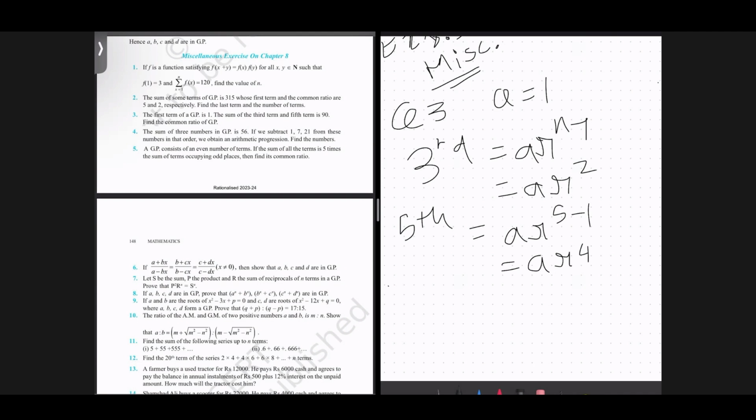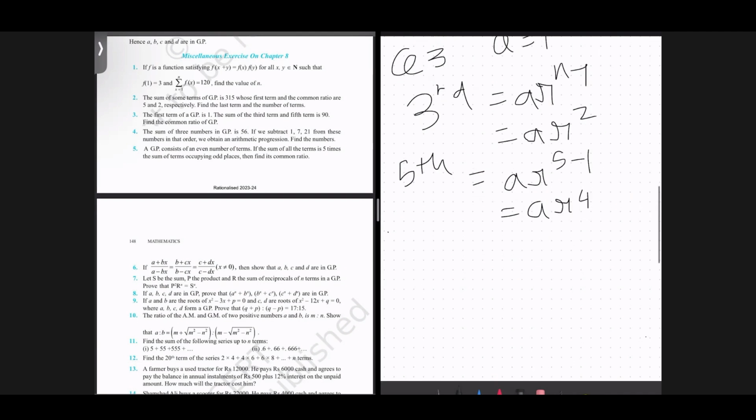So when you do this, a is always going to be 1. So the third term is r^2, and the fifth term is r^4. We have been told that the summation of the third and fifth term is going to be 90.